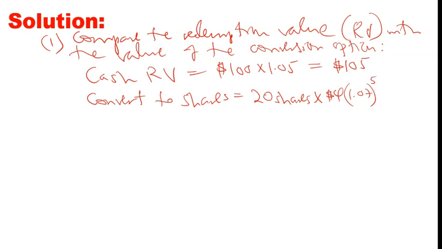Remember, the growth is going to happen for 5 years. This gives us 20 multiplied by 5.61, which is equal to 112.20.